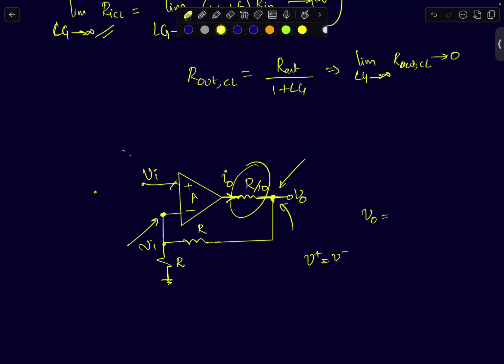So what part of the voltage is fed back? The fed back voltage is simply V naught by 2. It's a potential divider, R and R, you get V naught by 2. That should be equal to Vi because of negative feedback. V plus will be equal to V minus. You get V naught as 2Vi.